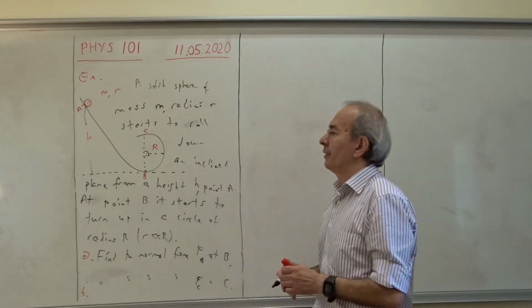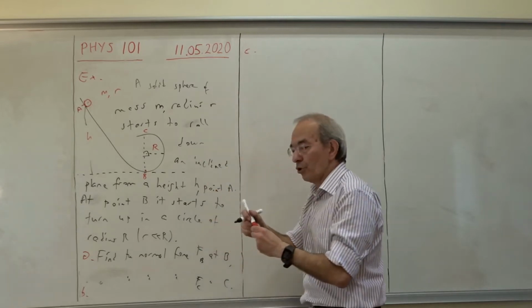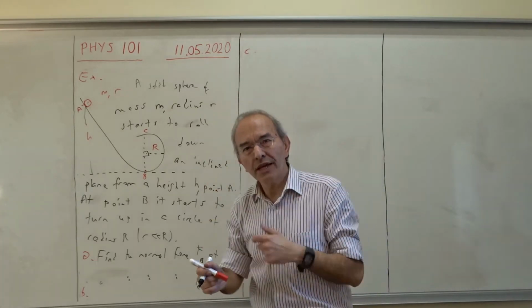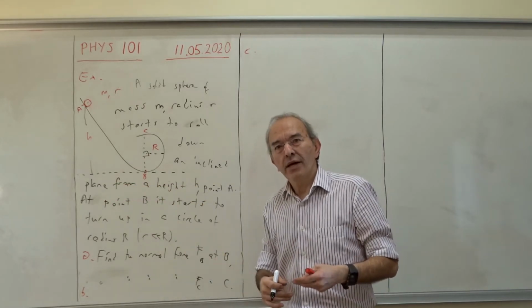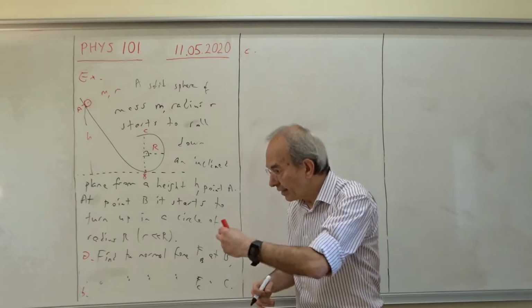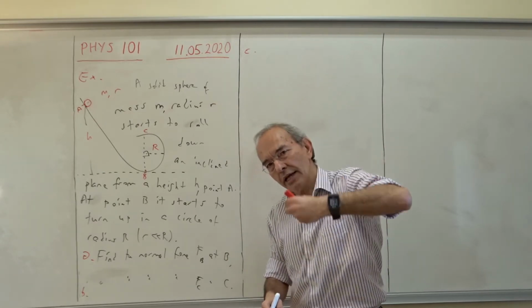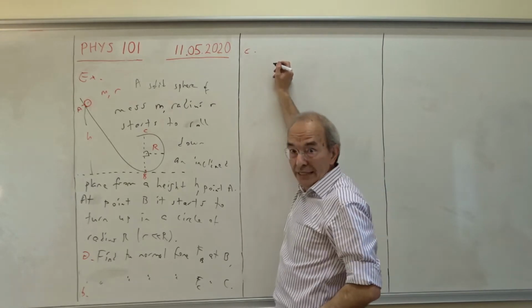And then let's add a part, because in that problem previously we had found the minimum height h where we should release the object so that it completes the circle and it can reach point C. What is the minimum value of height h?